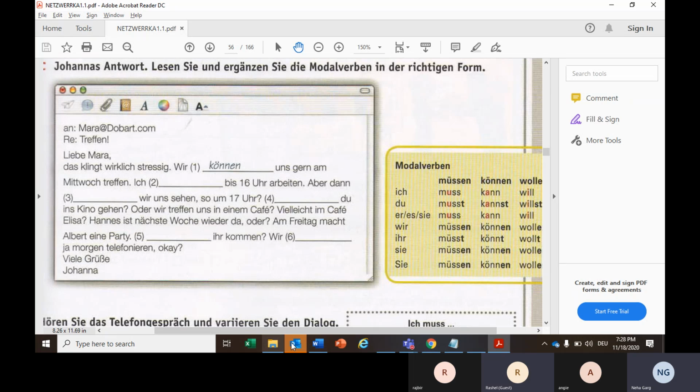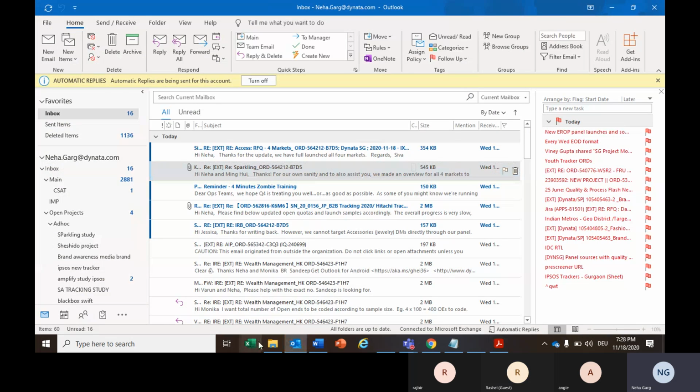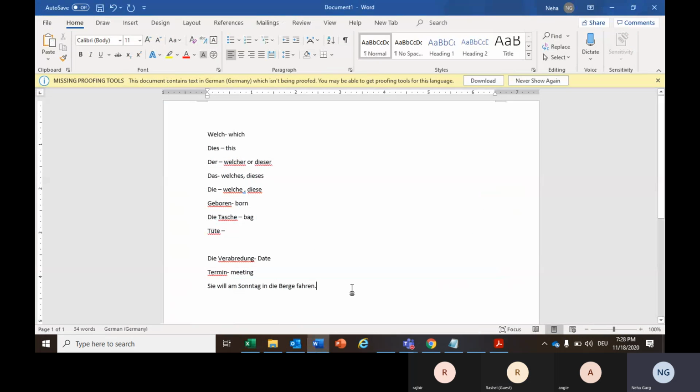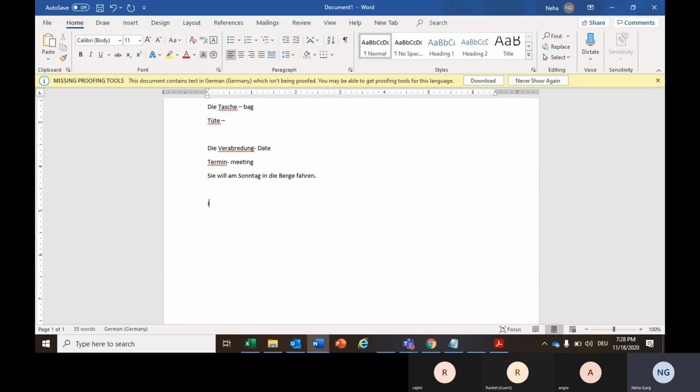So when we are asking any question, like in English we say a statement and then after that we place isn't it. So when we put a statement in German and we want to ask isn't it, we put oder.